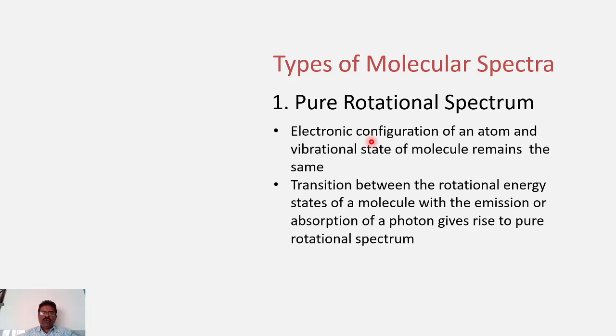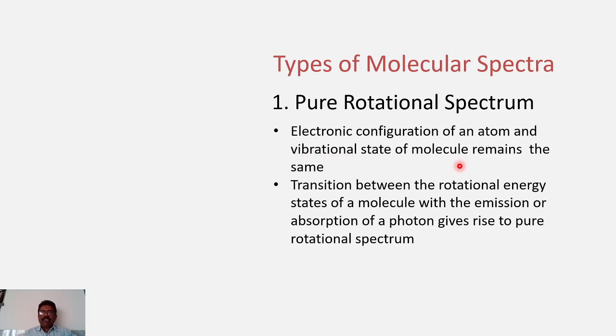The position of the electrons does not change. They remain in the same orbital. That means here the electrons are not excited. In a molecule, the electrons of the constituent atoms are not excited. Then second, the vibrational state of the molecule remains the same.